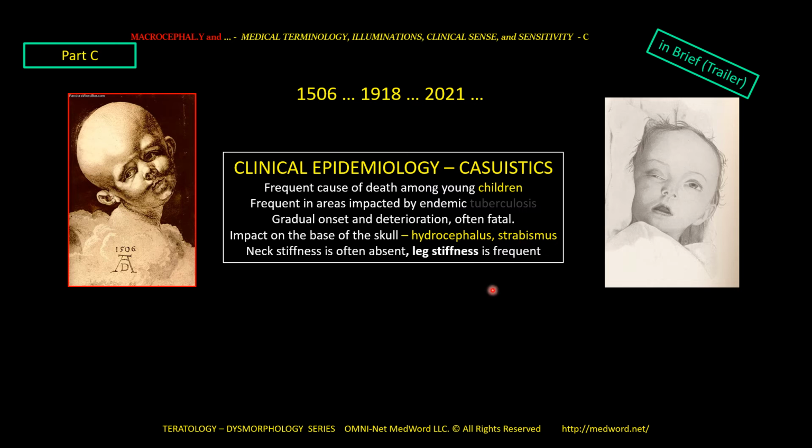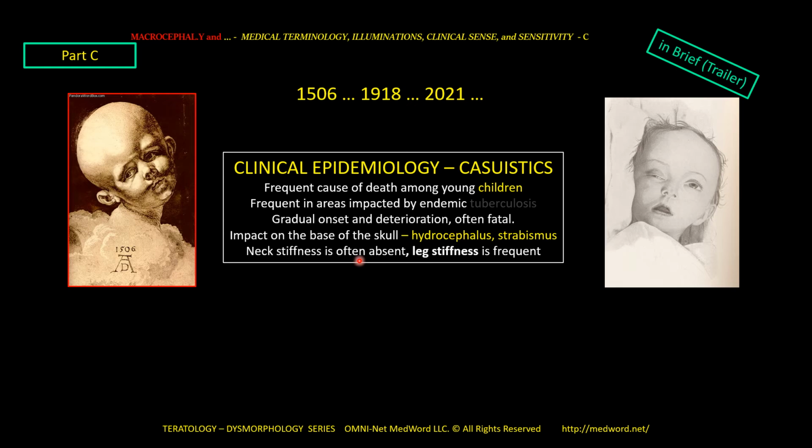And from the casuistics, going from 1500 to 1900 to the current millennium, points out that there is a cluster of patients that are generally young children that often occur in endemic fashion, that is, clusters epidemiologically speaking, that the disorder is fatal in most instances and develops very gradually, and that the complications of this disorder or manifestations are hydrocephalus and strabismus, and these two exactly have that.